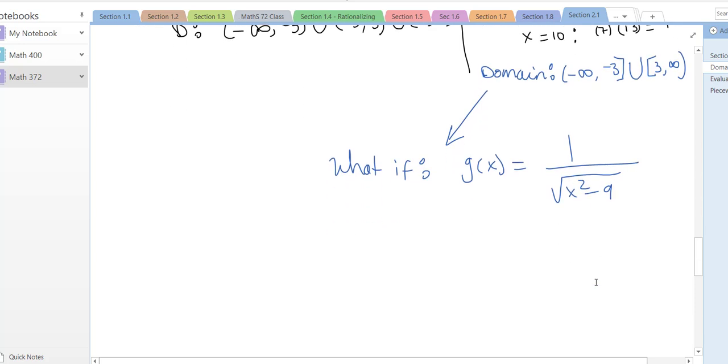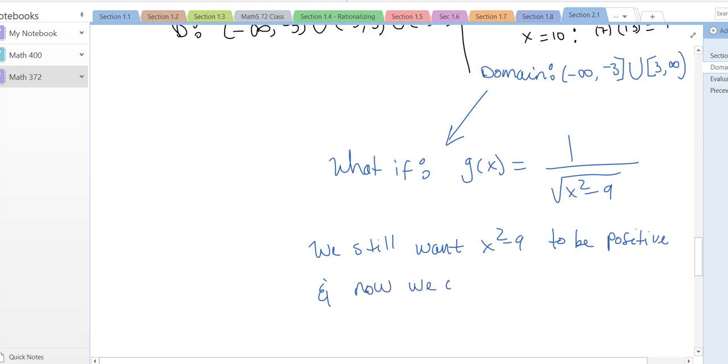We still can't take the square root of a negative number, so we still want x squared minus 9 to be positive. But notice that now it's in the denominator. And now we also want x squared minus 9 to not be 0.